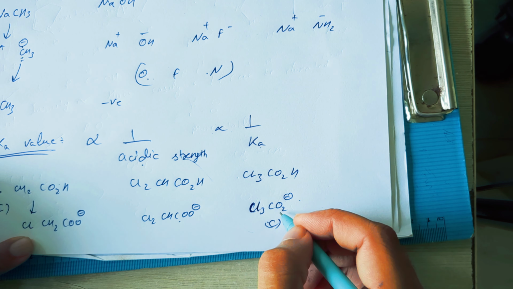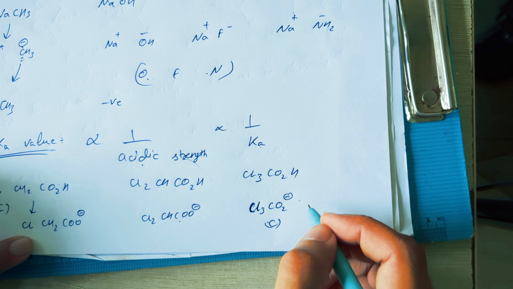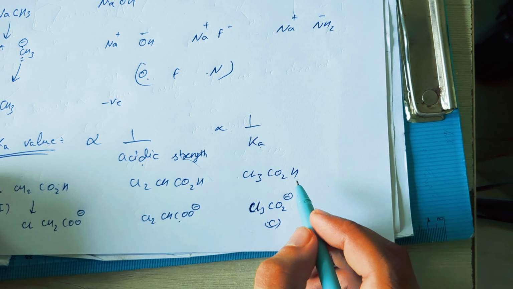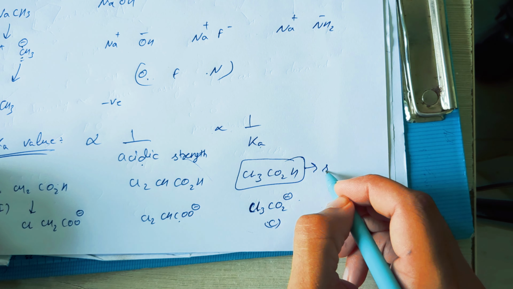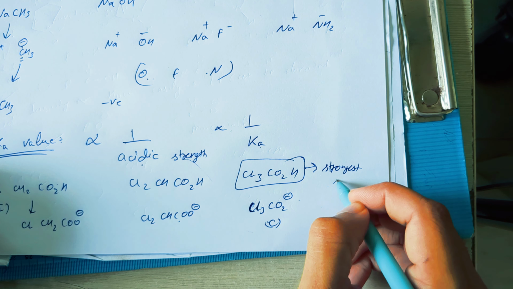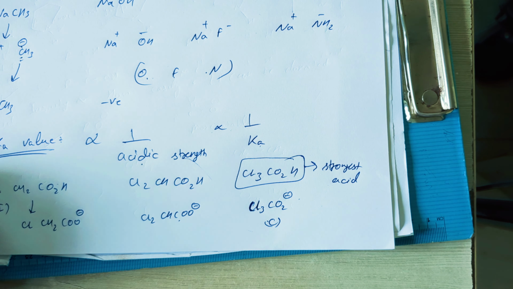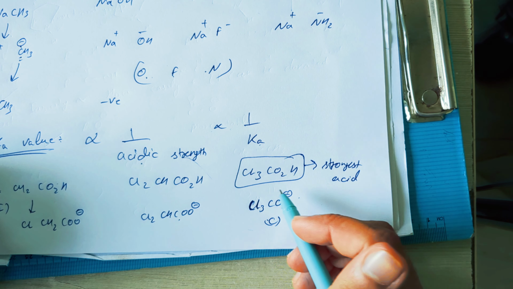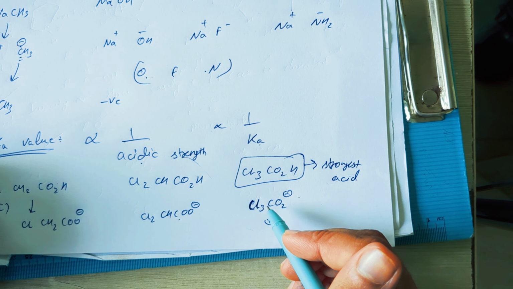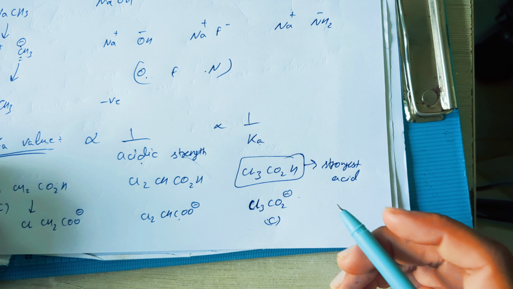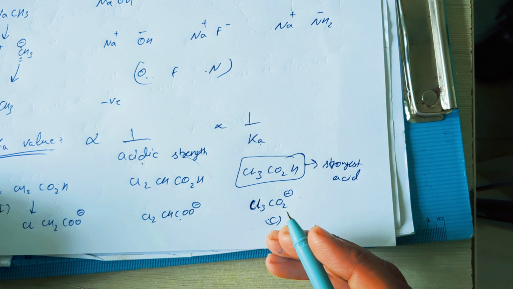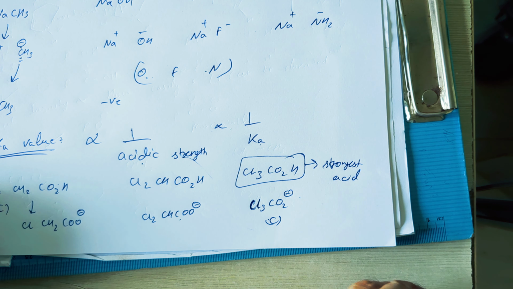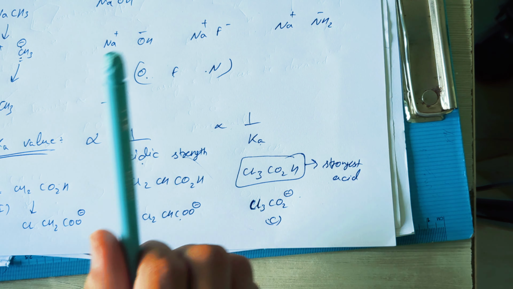So the more stable the anion after giving an H positive ion, that means this species is the strongest acid, or we can say higher acidic strength, because after losing the H positive ion, if the species is more stable, that means it will not catch the hydrogen again, that's why it is highly acidic in nature. Okay, thank you.